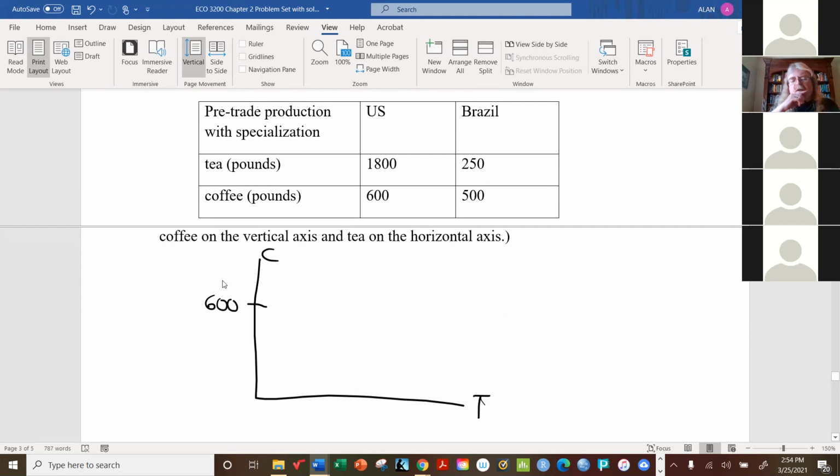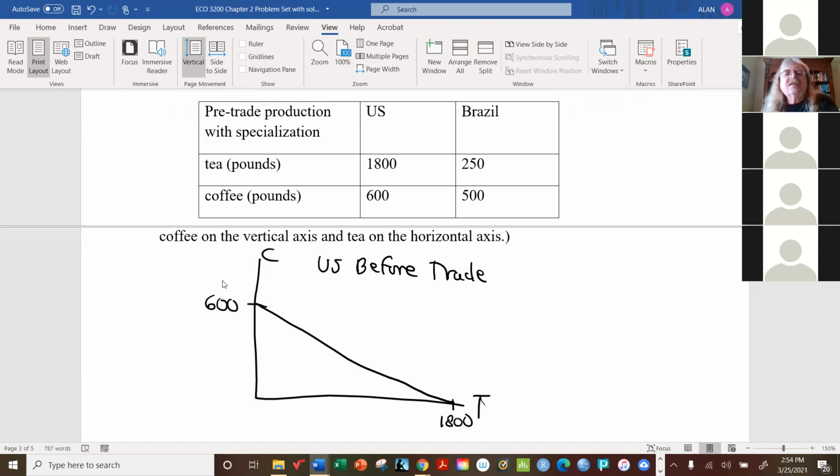If they choose to make only coffee, they'll be here. Now, if they only make tea, they'll be way down here somewhere at 1,800. So that is our production possibilities frontier. I'm going to label this US before trade.